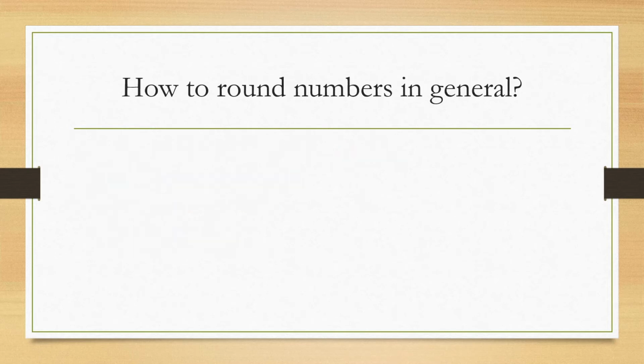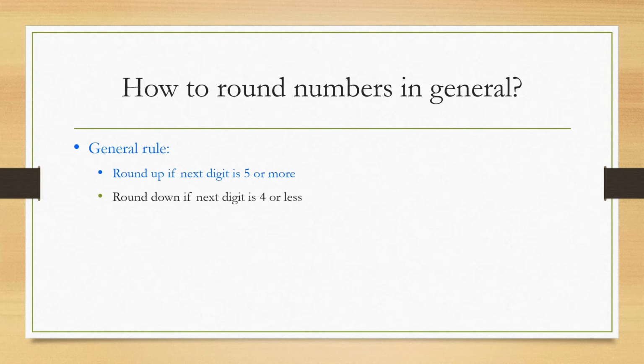Okay. And how do you actually round numbers in general? Well, there's a general rule of thumb. The general rule is round up if the next digit is 5 or more, and round down if the next digit is 4 or less.